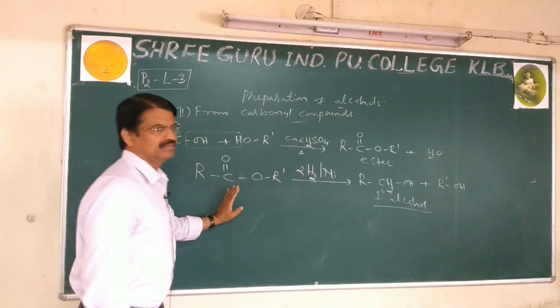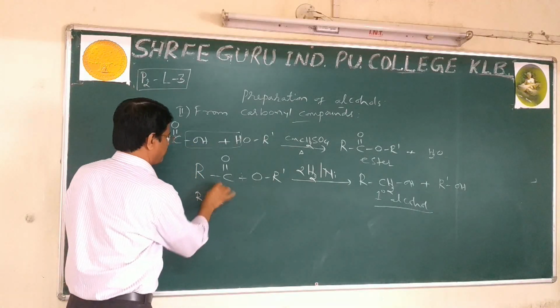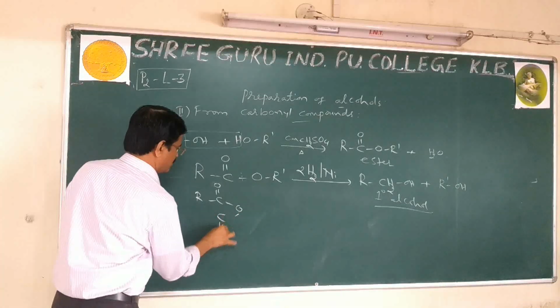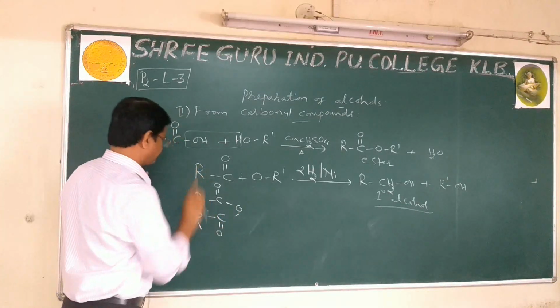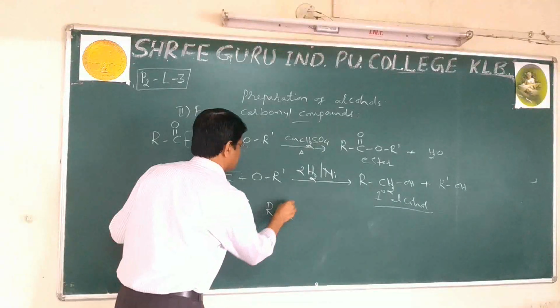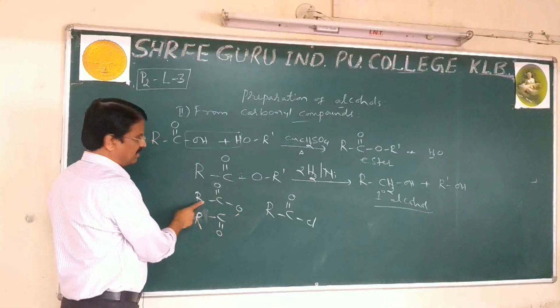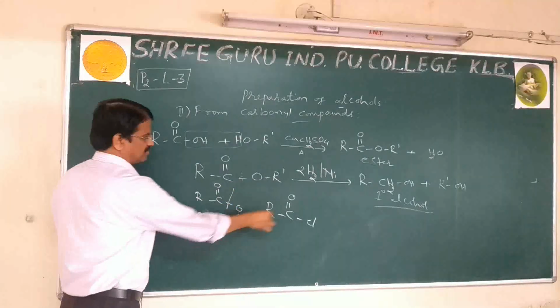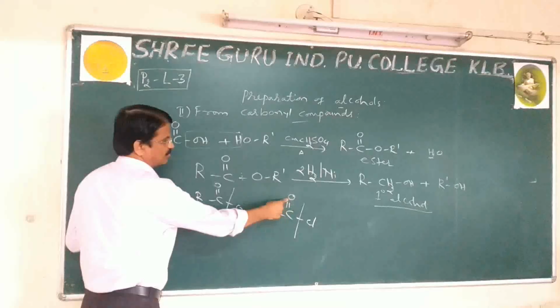And even we can use its derivatives such as RCO-O-CO-R', or R. It is called acid anhydride. RCOCl, acid chloride, acid anhydride. Again bond breaks, RCH2OH, RCH2OH.